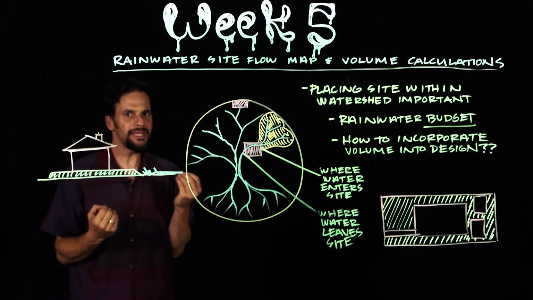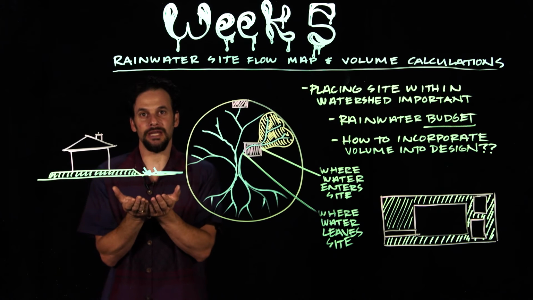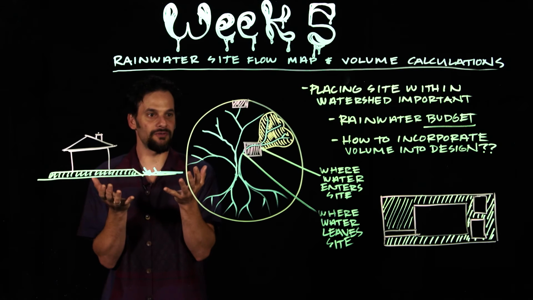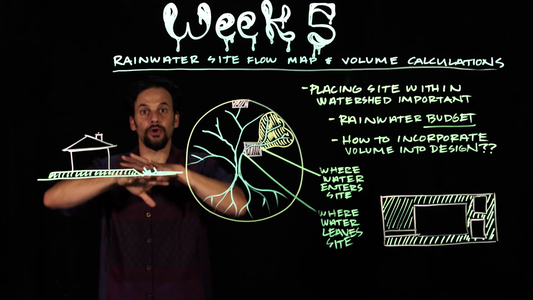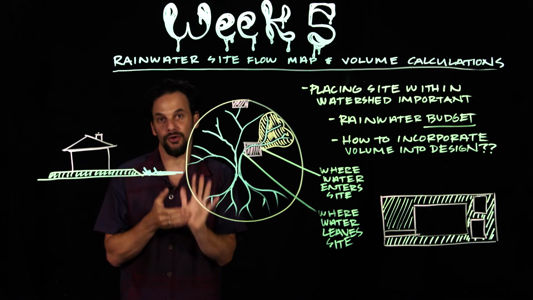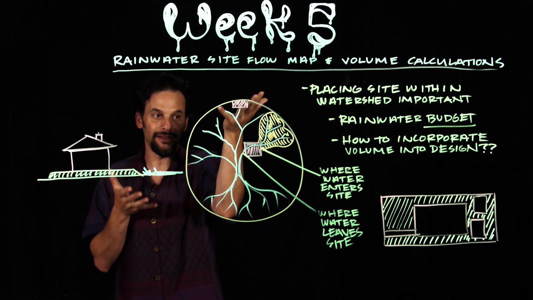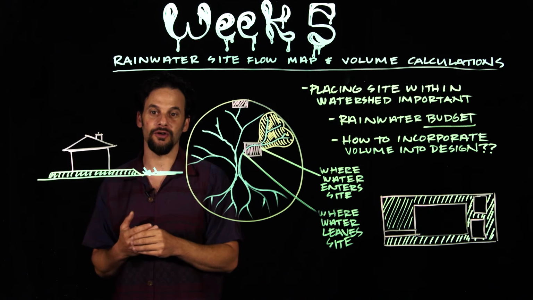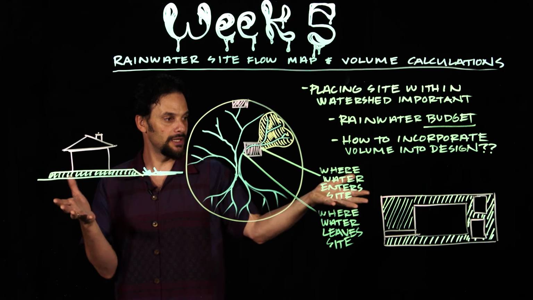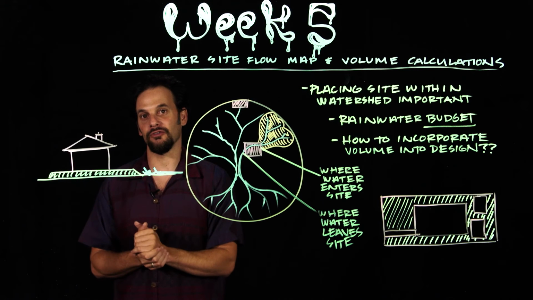So it can be complicated when we get into human-developed areas, especially subdivisions that are master planned, where all the grading and drainage is done prior to the houses being built. And so for each of you, you're going to be interpreting not only the natural patterns of flow, but how the human development has manipulated that water flow.